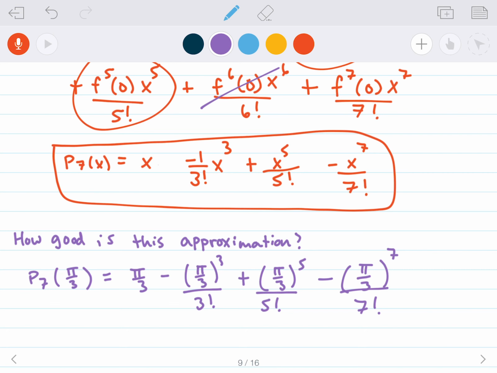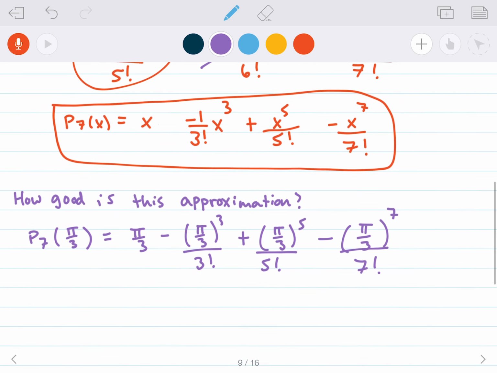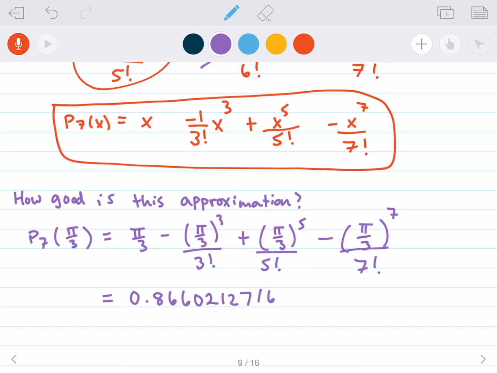Now you can put this in Desmos to get a nice value. That's what I did here. I'm not going to do it again. Just don't want to bore you guys to tears. But if you put this in Desmos, you should get this, 0.866021271656. So this is my approximate value.